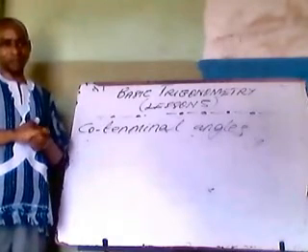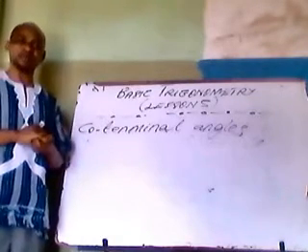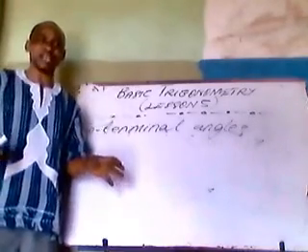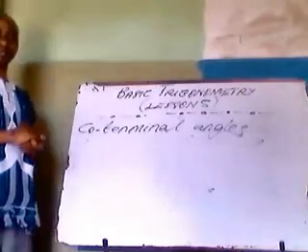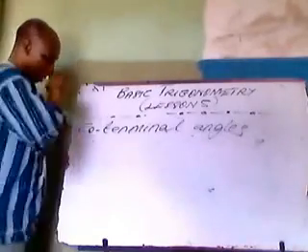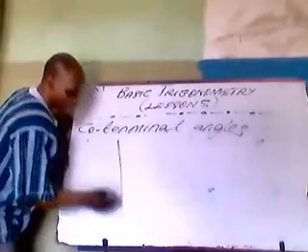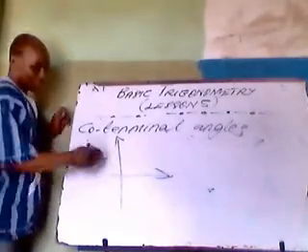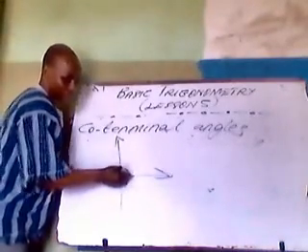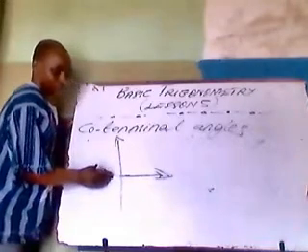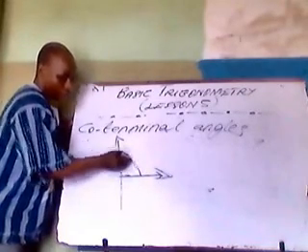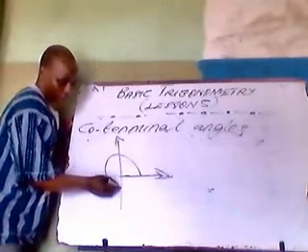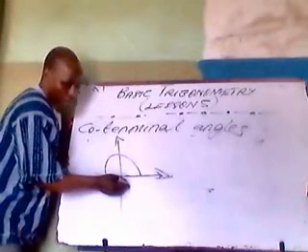I take it again. Coterminal angles are two or more angles in standard position with the same initial side and terminal side. A diagrammatic illustration is, let me just draw the coterminal angle. Let's say I have this angle. Then it goes this way. Then this one comes to end here.